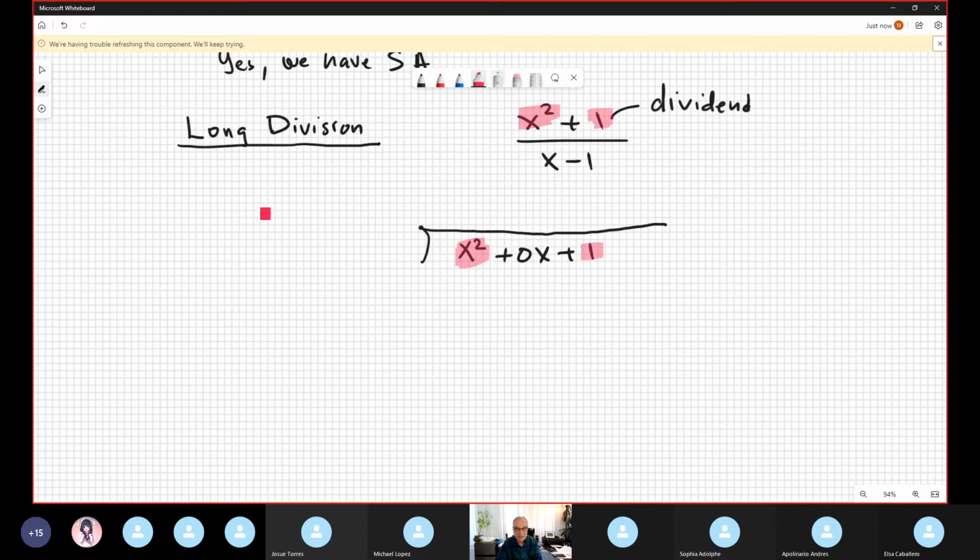But this is important: the organization in descending order, 2, 1, 0. And this is the divisor. You copy it outside the box, and you start doing the long division now. Obviously it is x, because x times x is x squared.